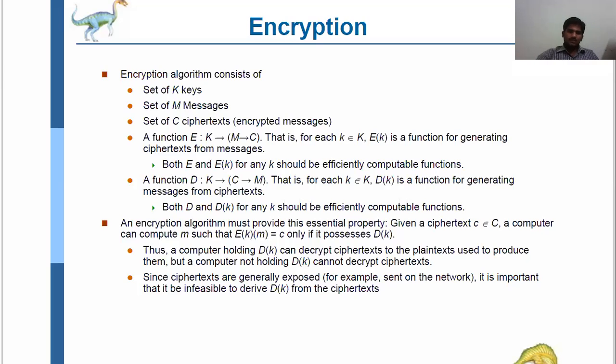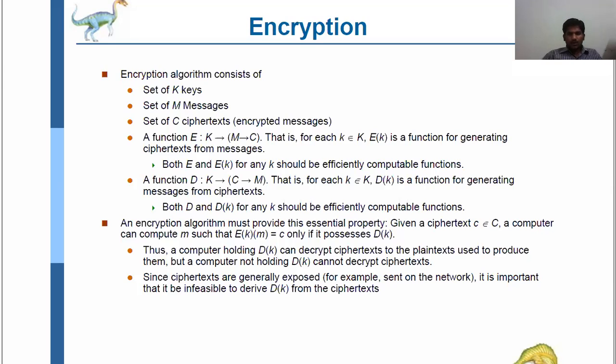An encryption algorithm must provide this essential property: given a ciphertext C, a computer can compute such M from the ciphertext. So that is encryption with K, M and C, and it is possible to perform that.